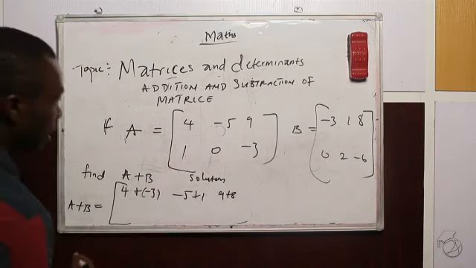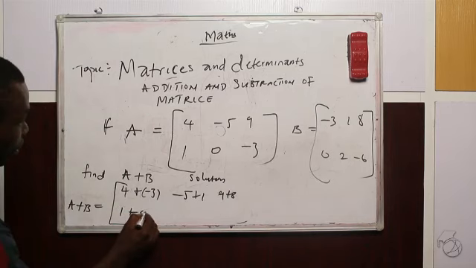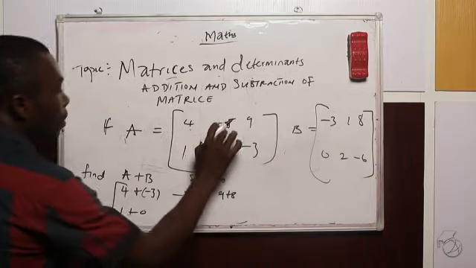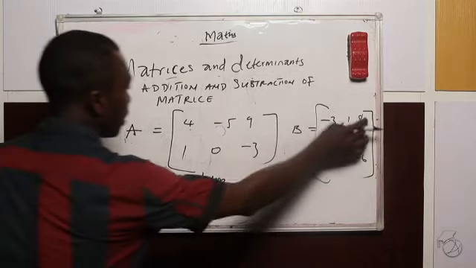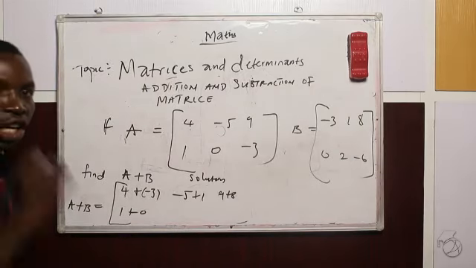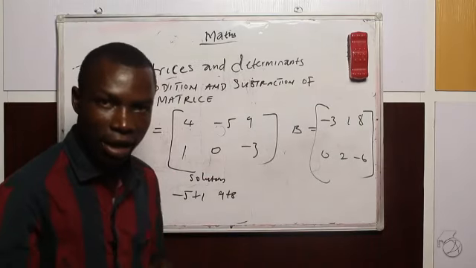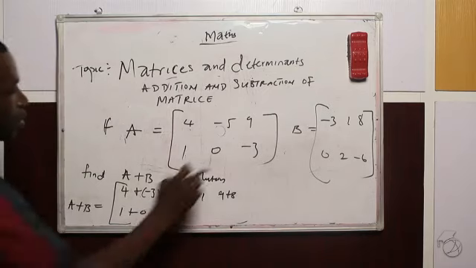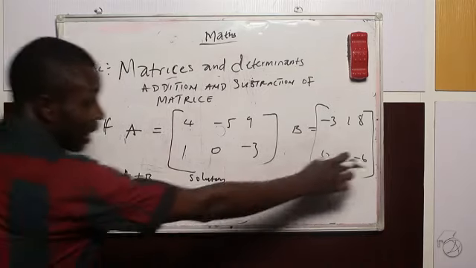Then the next row is 1 plus 0, 0 plus 2, minus 3 plus minus 6. Each row of the element affects each row: 4 with this, minus 5 with this, 9 with this.